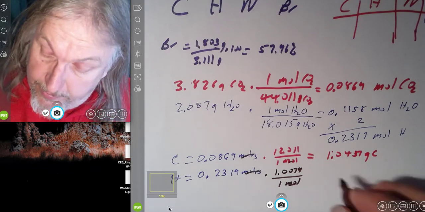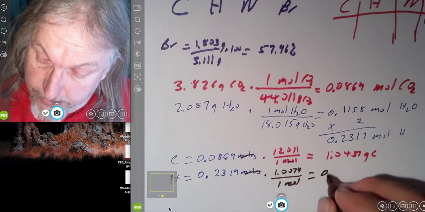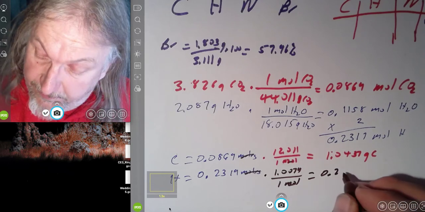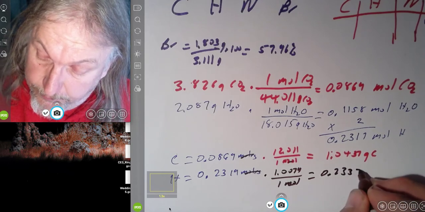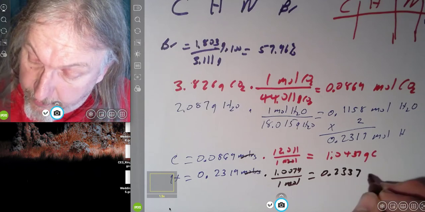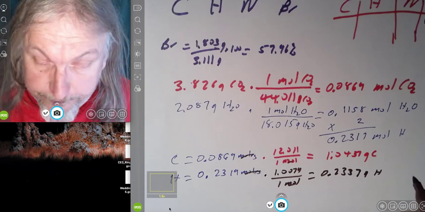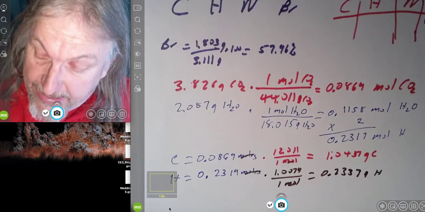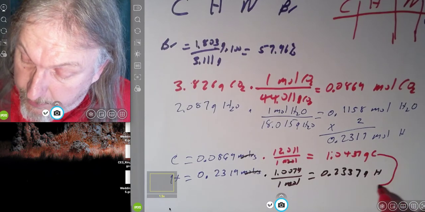That's going to give me the number of grams of hydrogen provided by the sample, 0.2337 grams of hydrogen.